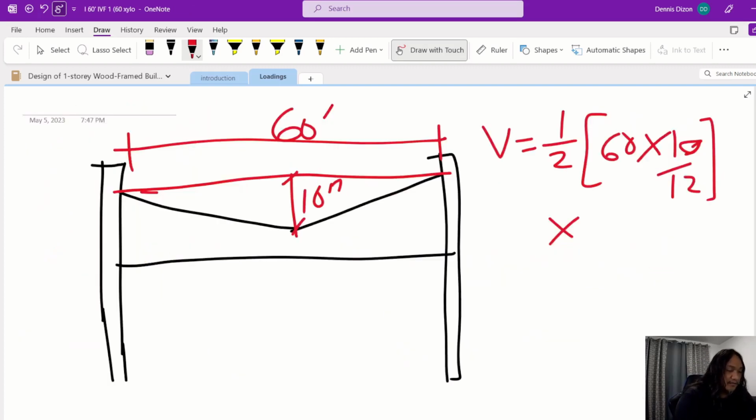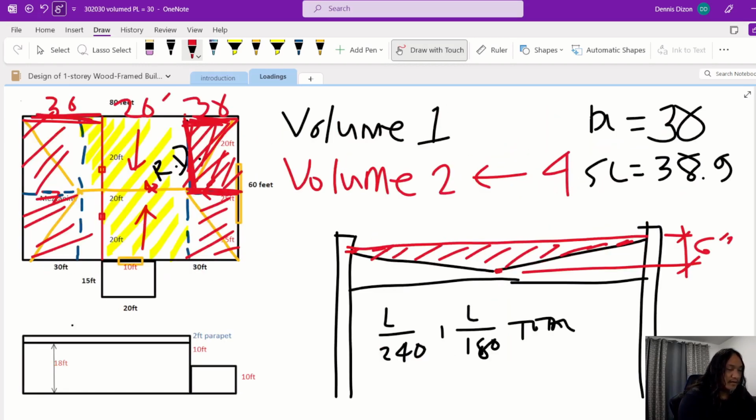So from here, this is times 20 feet. So that is the volume. This is volume 1, this one highlighted with yellow, the one in the middle.